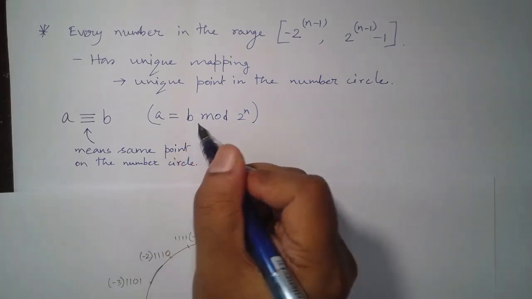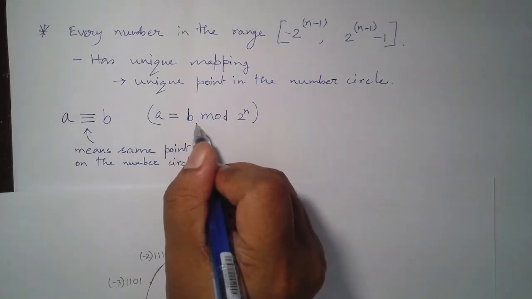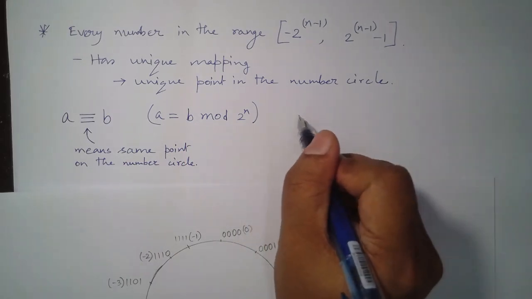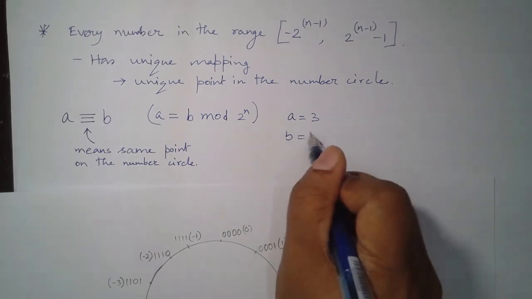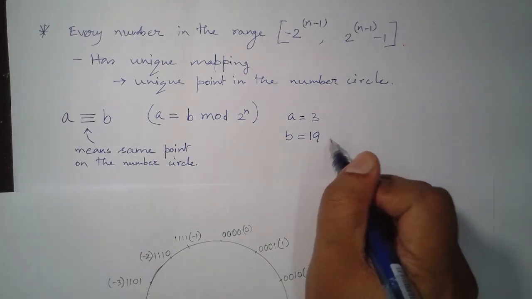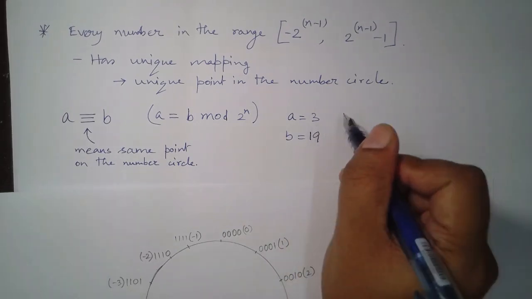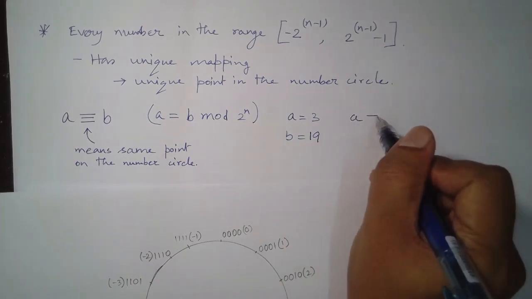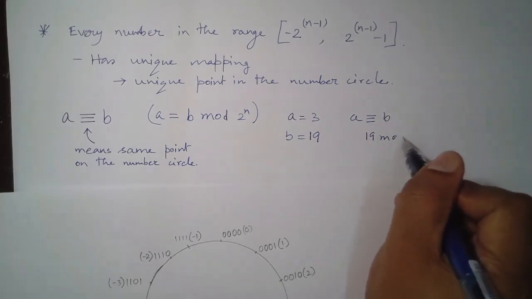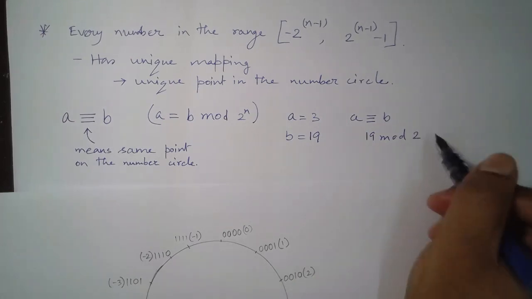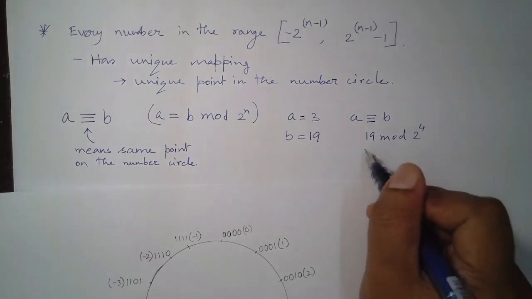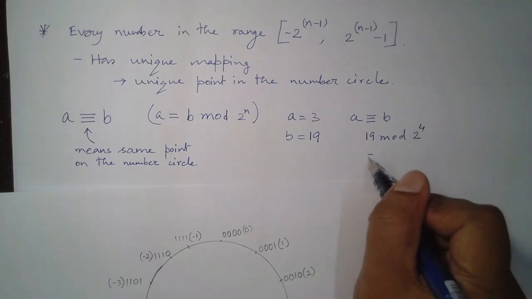In this case, if we consider the example of a is 3, b is 19, we can say that a is equivalent to b, because 19 mod 2 to the power n, which is 2 to the power 4, 16, so 19 mod 16 is equal to 3.